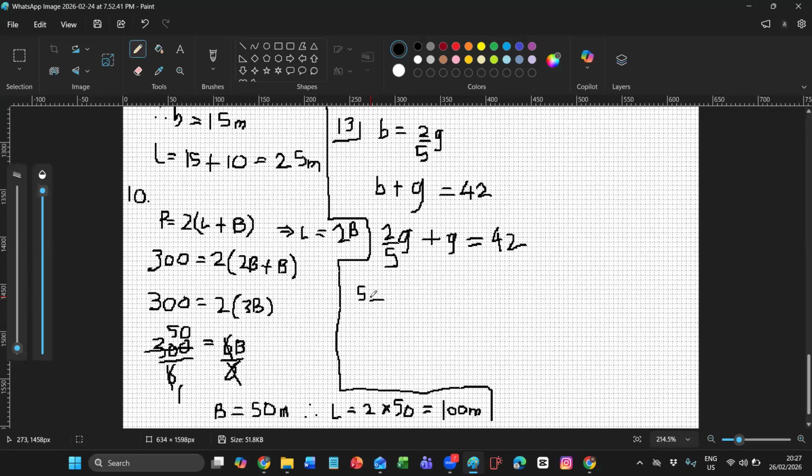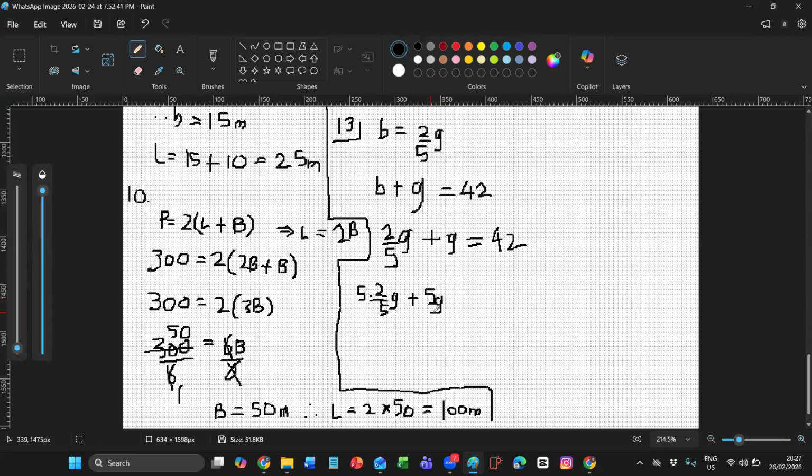So that would leave me with 5, and let me put that dot there to represent multiplication. 5 times 2 over 5 G plus 5G. Okay.